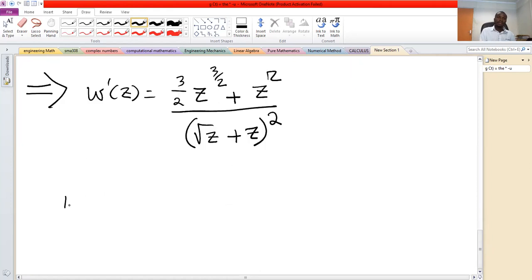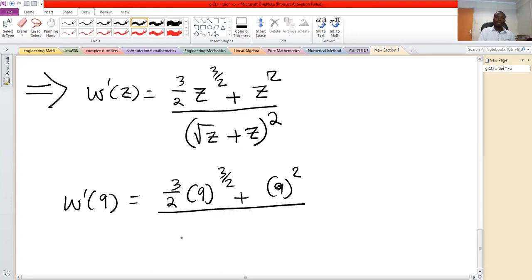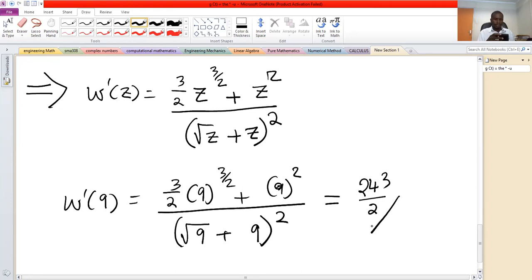And W prime at 9 will be 3 over 2, 9 raised power 3 over 2 plus 9 squared divided by square root of 9 plus 9 squared, which will be, so 3 over 2 times 9 raised power 1.5 plus 9 squared, that is 243 over 2 divided by square root of 9 plus 9, and then square, it's 144.